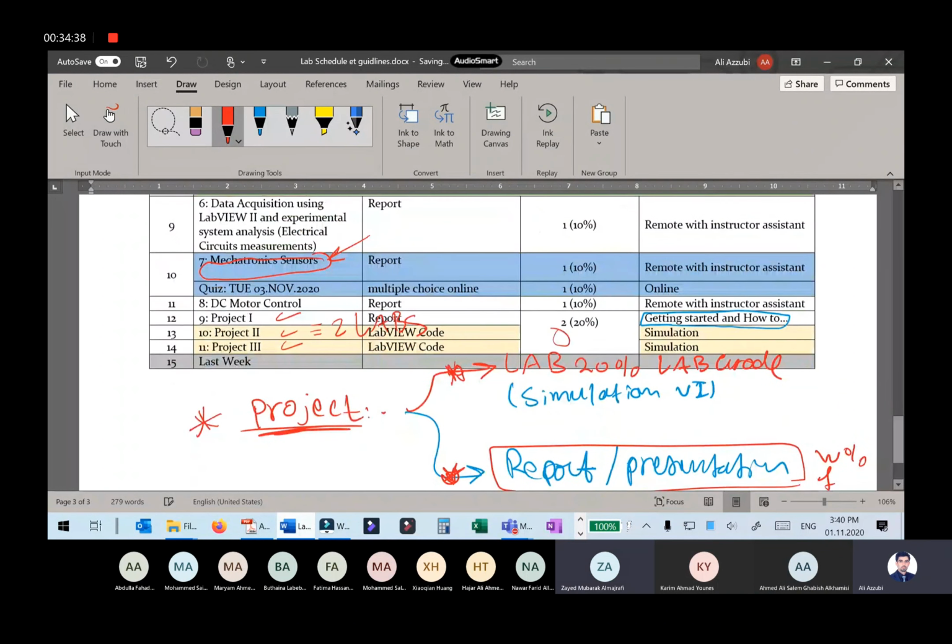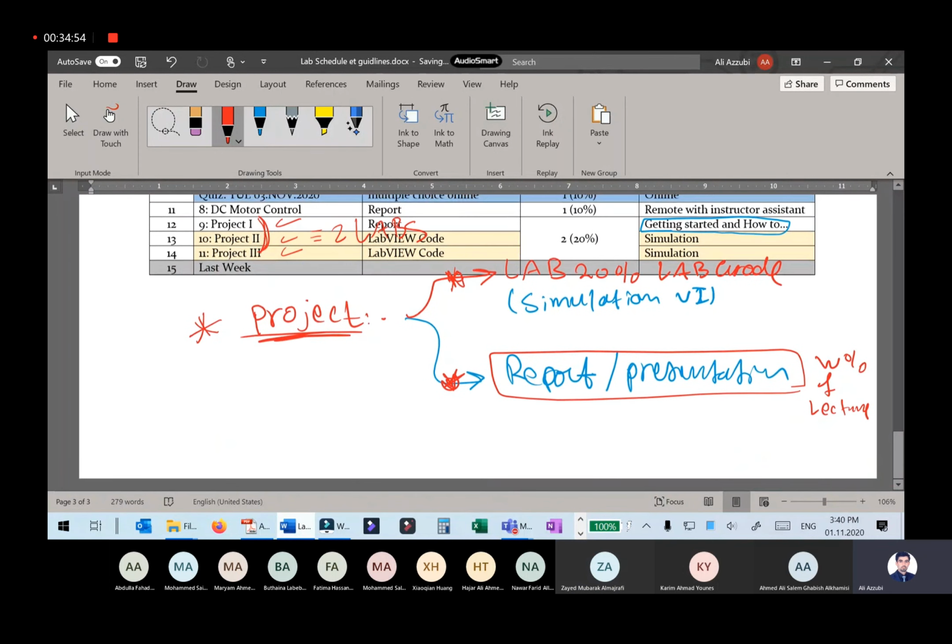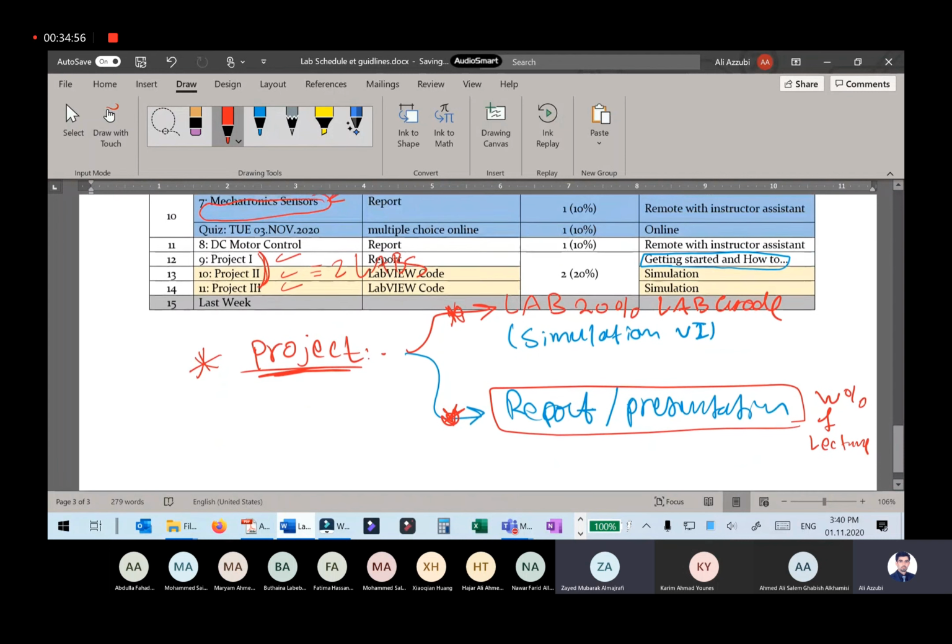This is 2 out of 10. So basically the project is like doing 2 labs only. We made it 3 weeks for 2 labs. The fourth facilitation is that I will give you a project that fits to be done within these 2 weeks, like this.